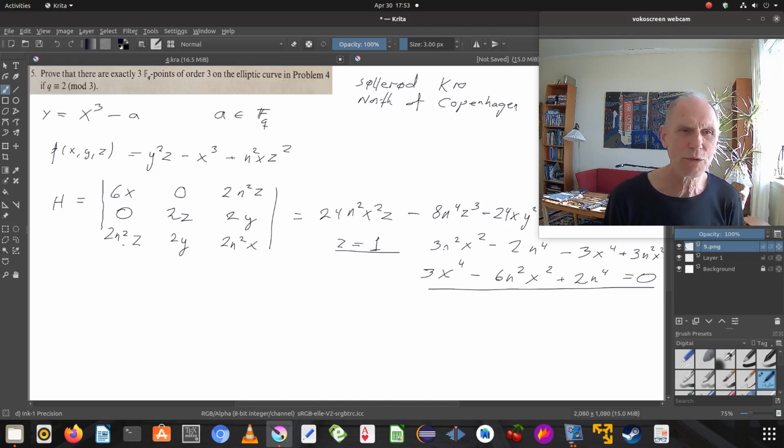Now we shall use that on the algebraic curve of this problem. X. That gives like minus 6, so this is already the first mistake. Oops.